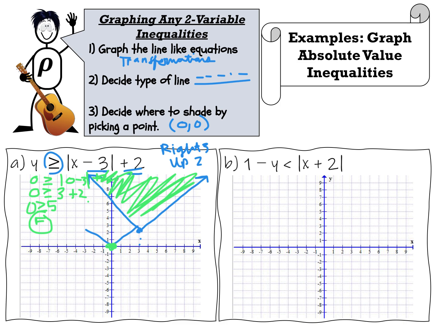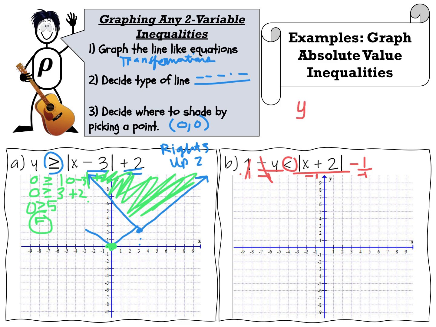And the next one, we have to start by getting it solved for y. When I am solving this for y, I'm going to subtract the 1 over, and then I am going to divide by a negative 1. But when I divide by a negative in an inequality, I need to flip the sign.